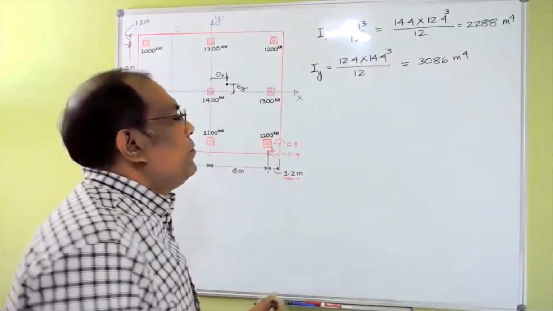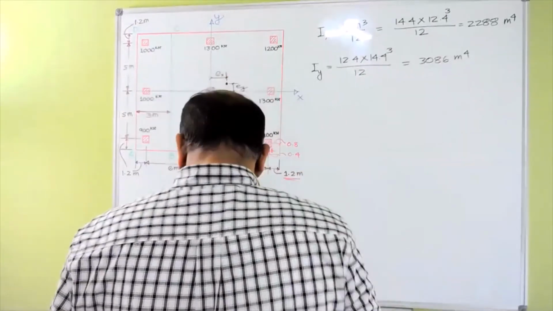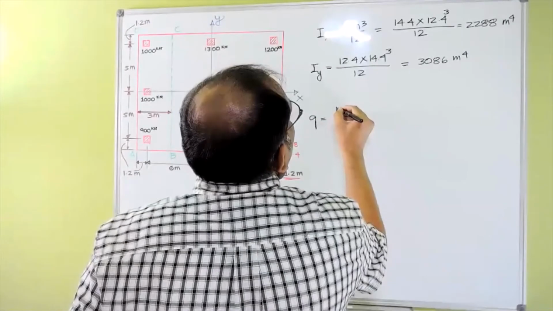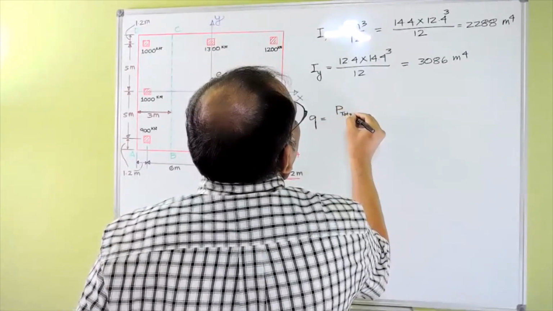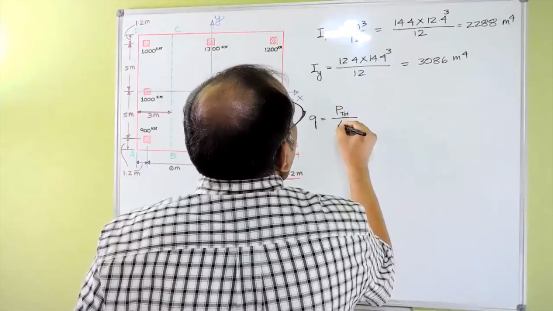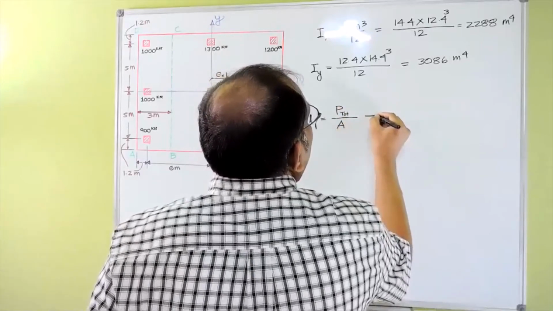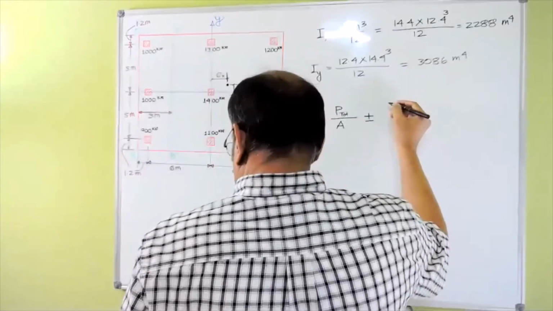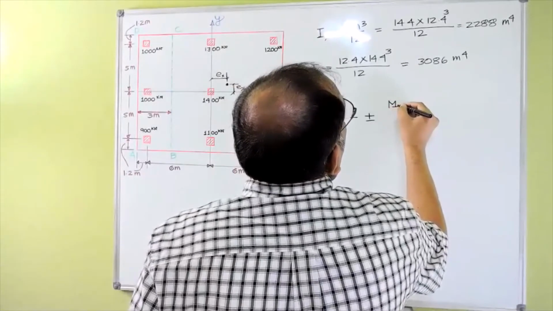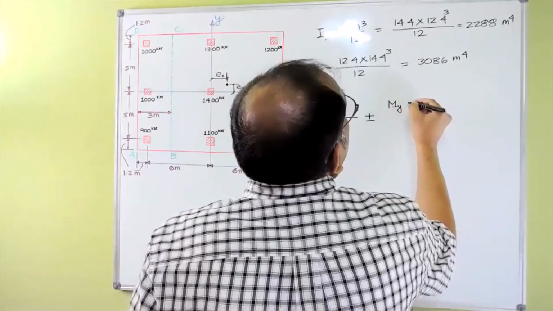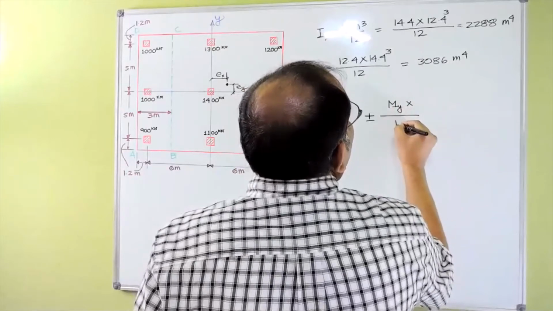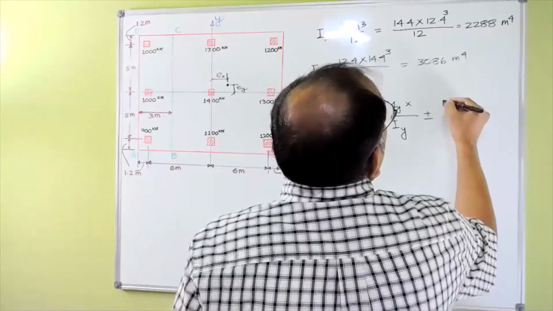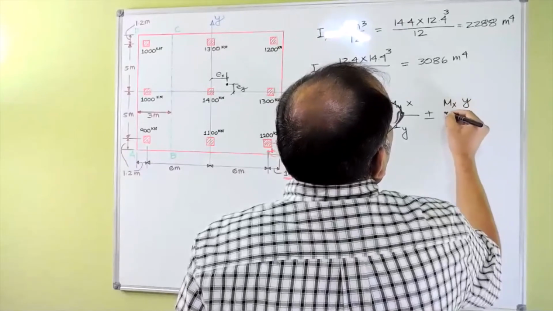Now we know our total force, like total stress here. You can see the formula: Q equal to P total divided by the A total, plus minus MyX, MxY divided by Ix.